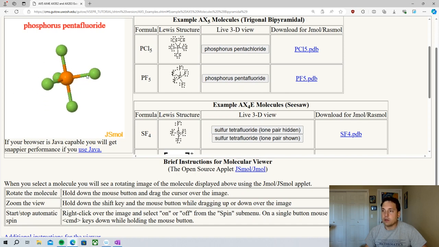So here, if I orient it this way, we have two directions that we can represent. The three atoms that are in the same plane are called the equatorial atoms, and then the two atoms that are vertical, perpendicular to that, those are known as the axial atoms. So we have axial and we have equatorial.